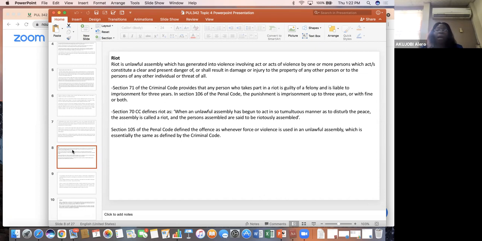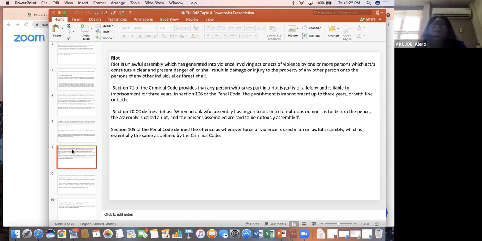Good. So we shall look at another offense against public order, and shortly we shall look at riot, briefly, basically to say that it is an unlawful assembly that has degenerated into violence.